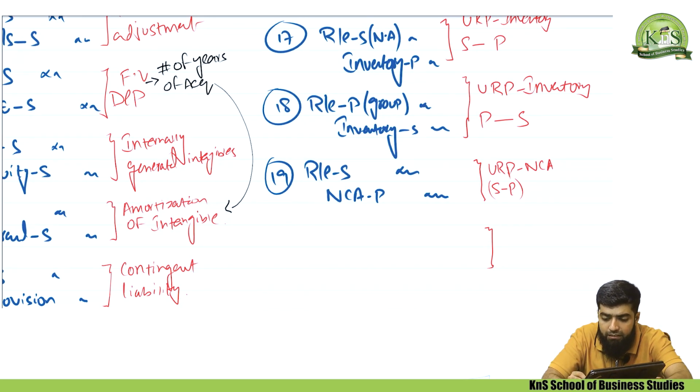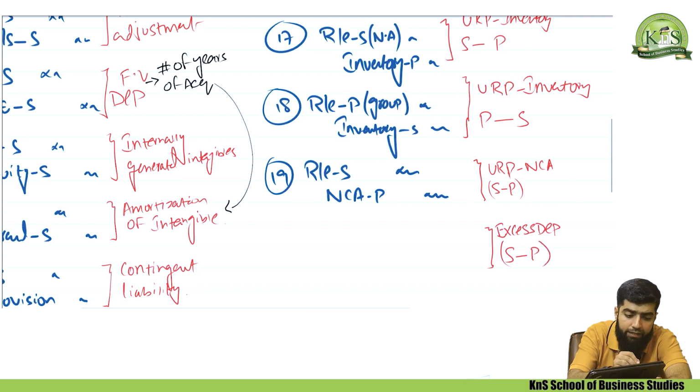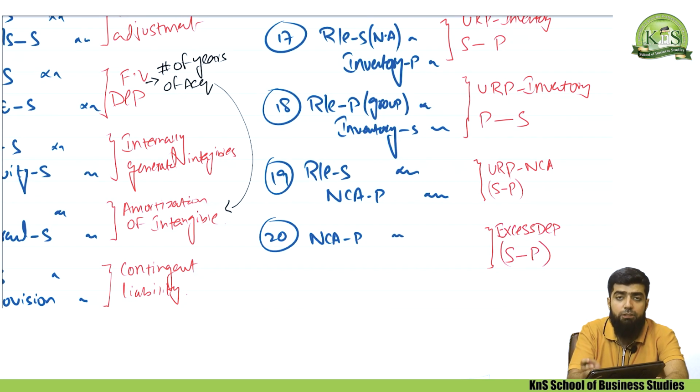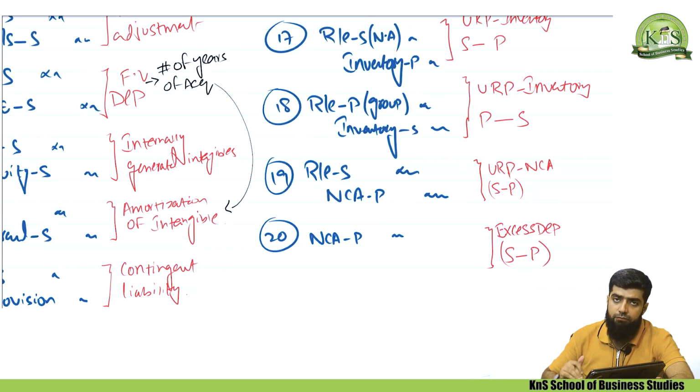Now there will be another adjustment, and that adjustment is known as excess depreciation. For instance, if the non-current asset was sold by subsidiary to parent, now the adjusting entry will be made, and the non-current asset of P company will be debited. It means you need to increase the amount of non-current asset, as you have recorded the higher depreciation, because of which the non-current asset value has been reduced.